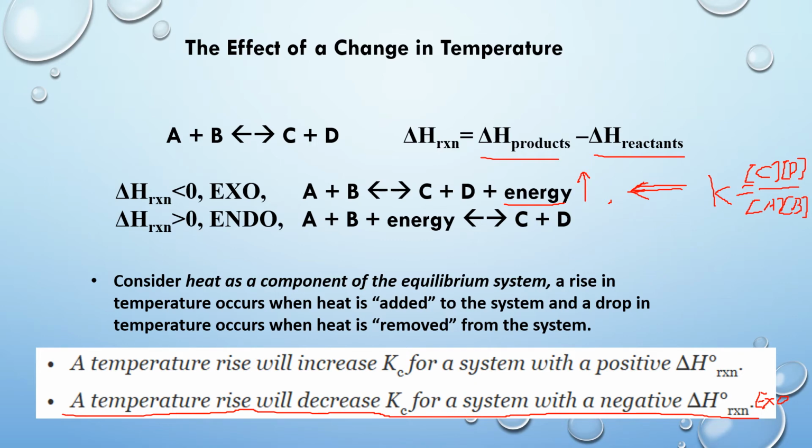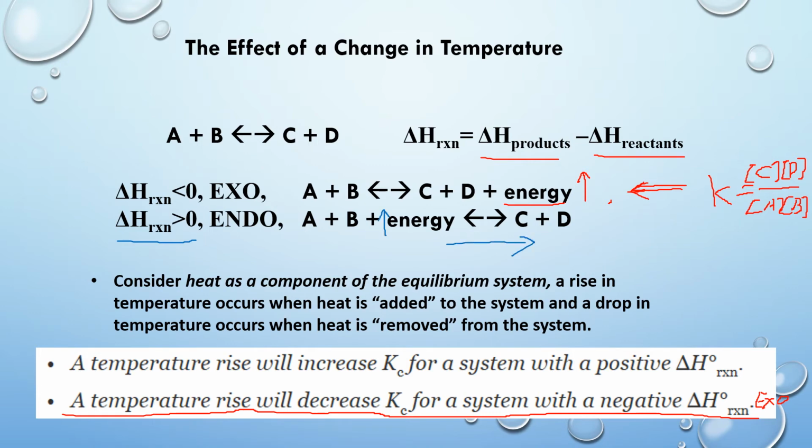For an endothermic reaction, let me use another color. For an endothermic reaction, the delta H is greater than 0, so energy is required. You can treat this required energy as a reactant. If you increase the temperature, you're increasing the concentration of this energy, so the chemical reaction will be shifted to the right, to the side of the product.